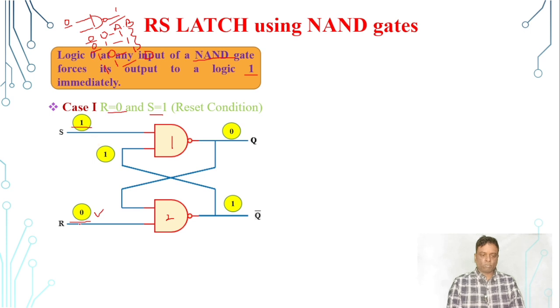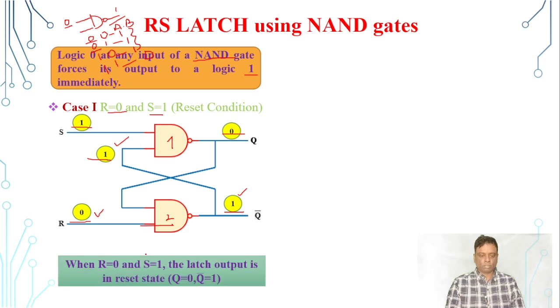NAND gate 2 accepts the input as 0, so its output will be 1. Then this is connected to the input of NAND gate 1, so NAND gate 1 has the two inputs 1 and 1, and the output will be 0. This is called the reset condition. So when R equal to 0 and S equal to 1, the latch output is in the reset state.